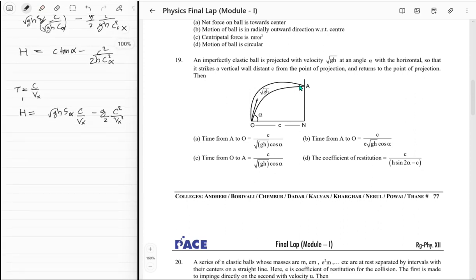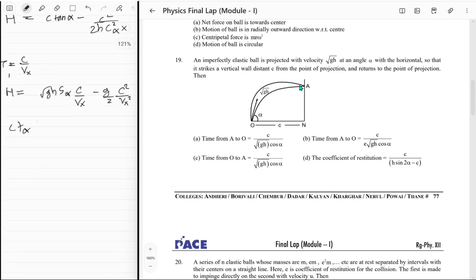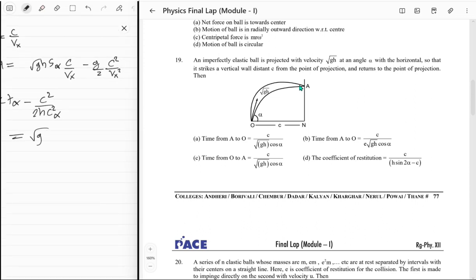That's how it's going to be. तो इनको equate कर दो. That's the only thing you can do really. So like c tan alpha minus c square upon 2h cosine square alpha, that's equal to square root of gh sine alpha, okay, c upon square root of gh and then upon vx या अब मेरे को इस तरह से vx ढूंढना पड़ेगा. That's just a quadratic and what not. I don't think it's even doable.